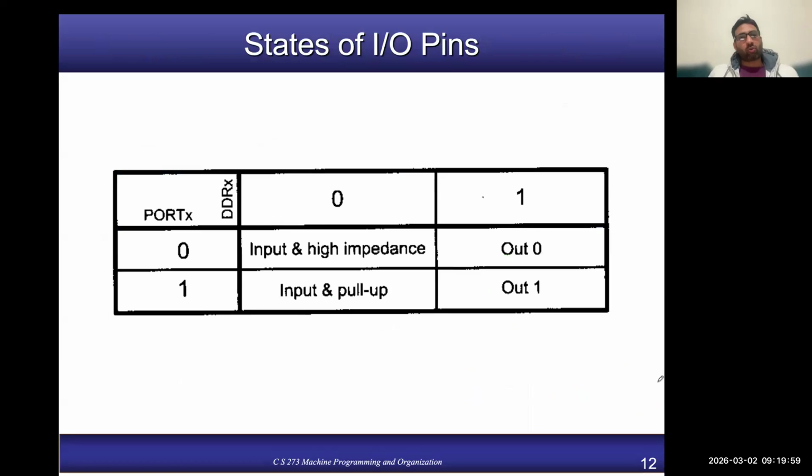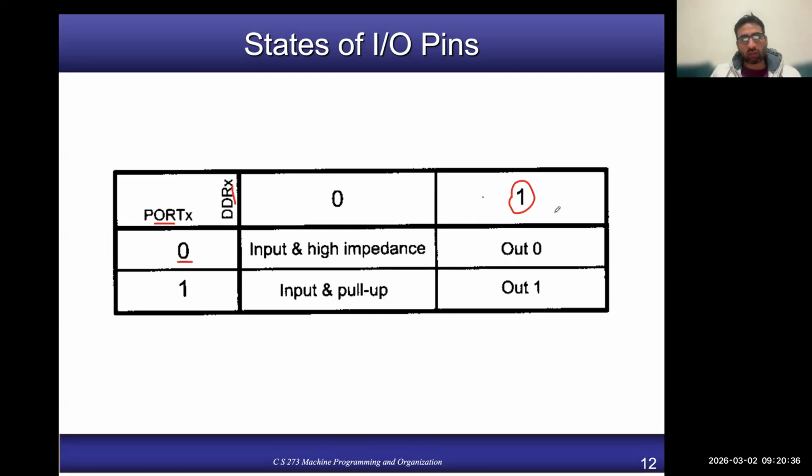So your IO pins can be in 4 states, depending upon the value of your DDRX register and your port register, right? Let's first take care of the simple cases. Let's say the value of the DDR register is 1, and you are placing 0 in the port register.